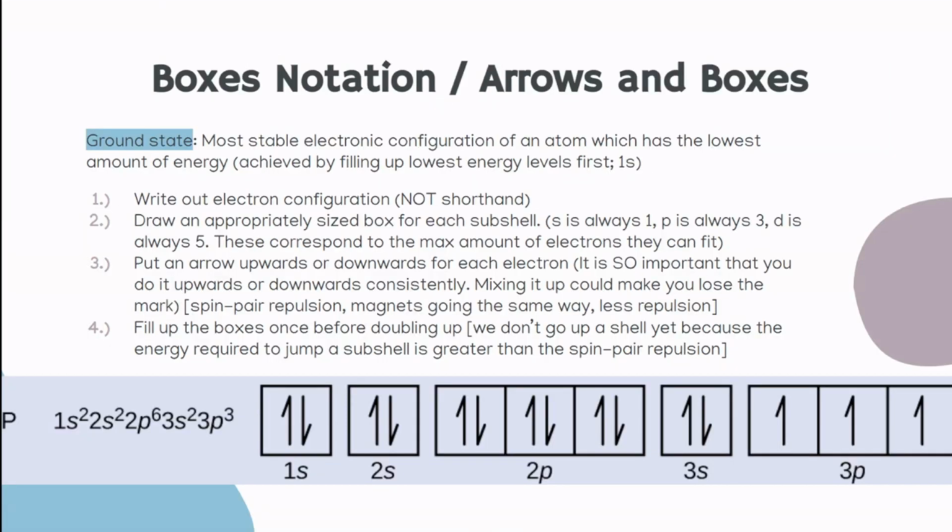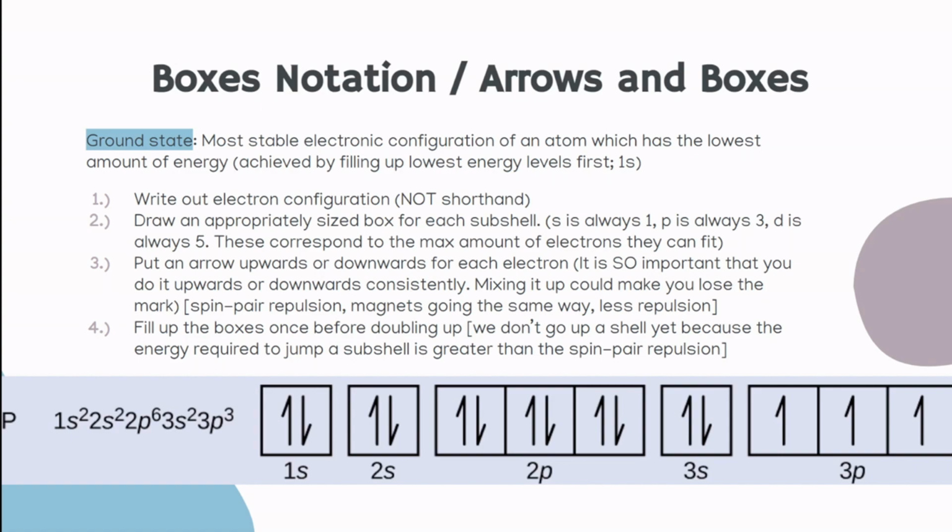So now we have the box notation, or the arrows and boxes form. There's a lot of words on here, but I promise a lot of it is just the steps in how we do this. Ground state is generally the idea that we get the most stable electron configuration of an atom when we fill in what has the lowest amount of energy first.